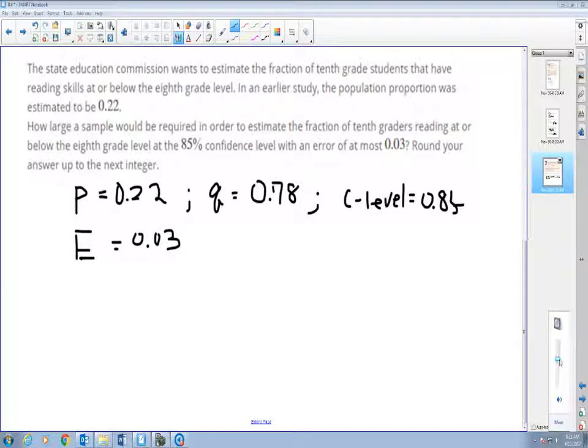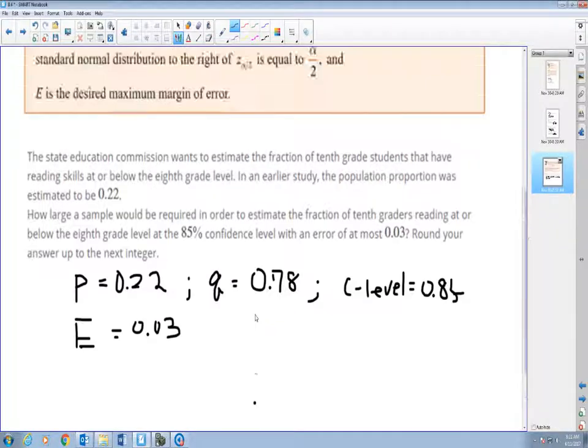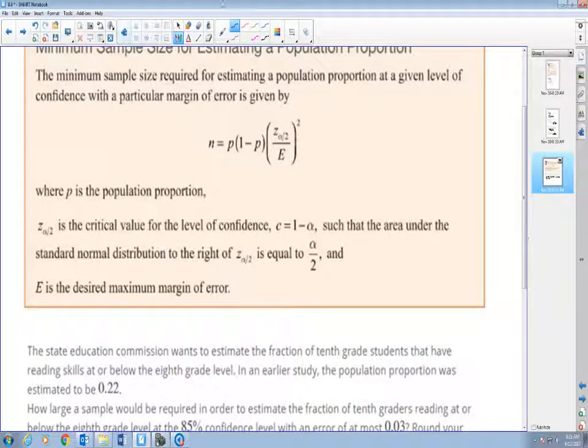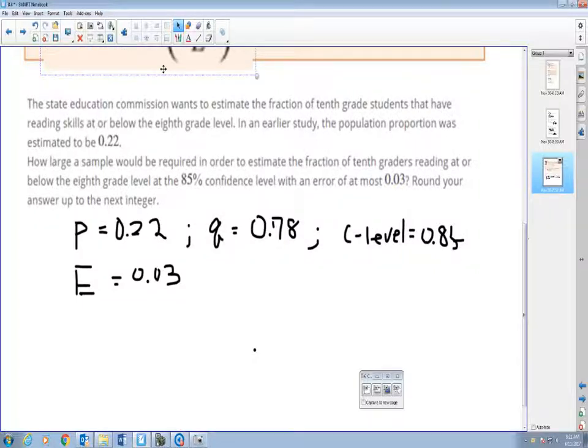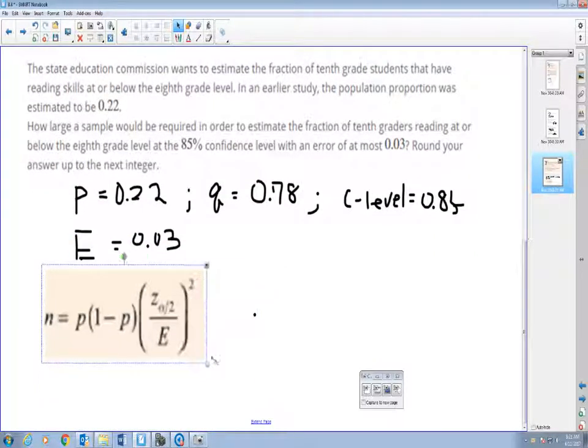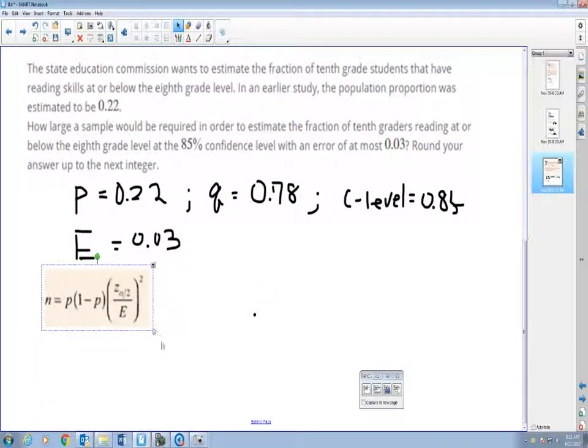So let me copy this formula real quick. The only thing I'm missing so far is my Z sub alpha over 2.